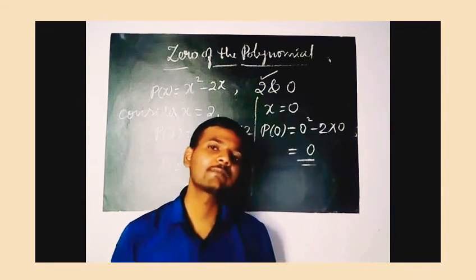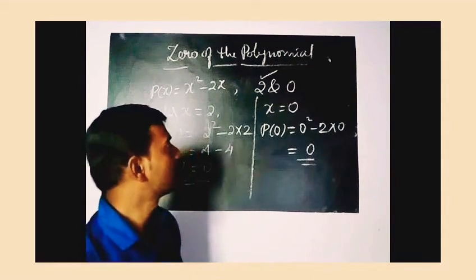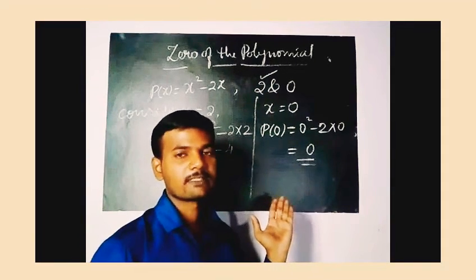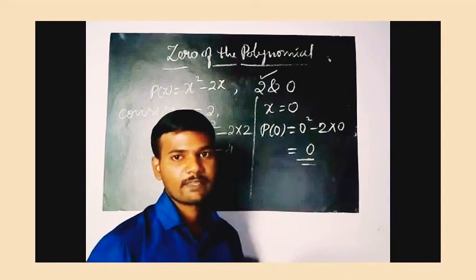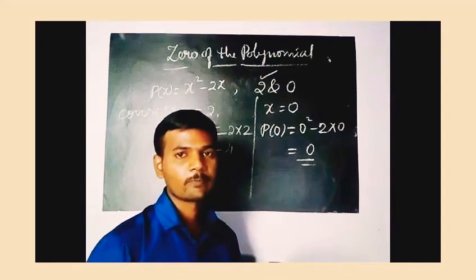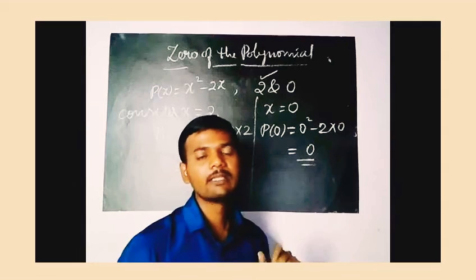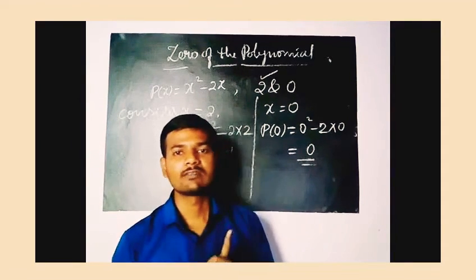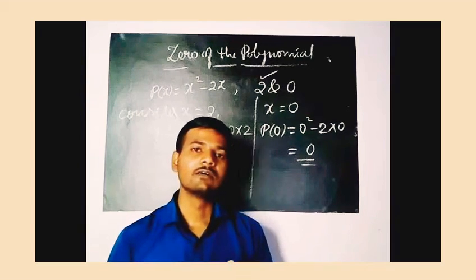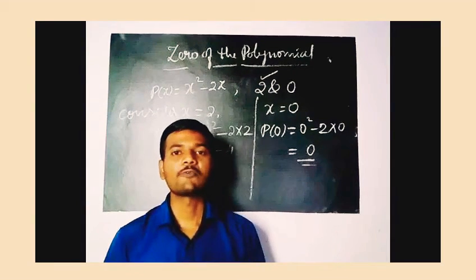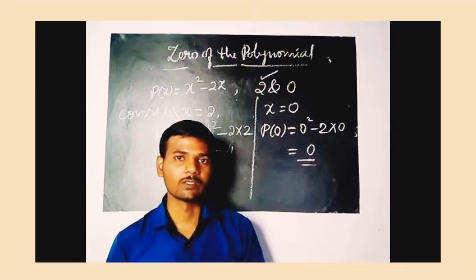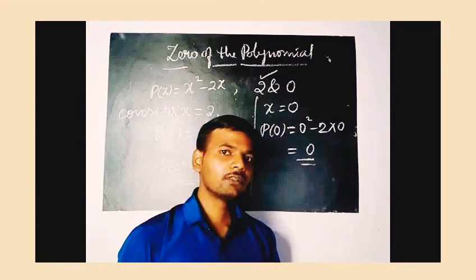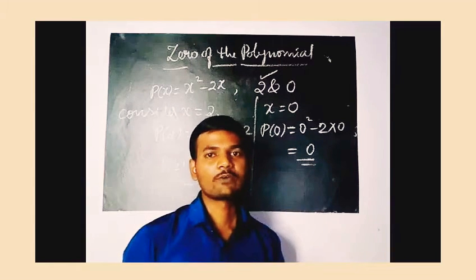And next, every linear polynomial, as we discussed in the previous example, p of x is equal to x plus 5, is a linear polynomial because its degree is 1. So linear polynomials have only one zero. And next, quadratic polynomials have 2 zeros.